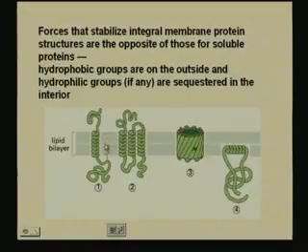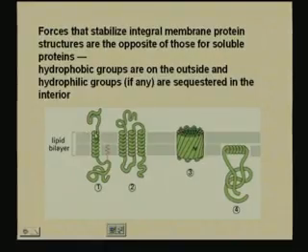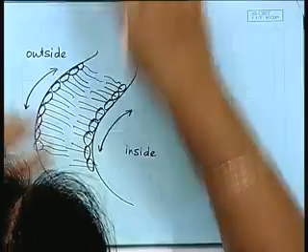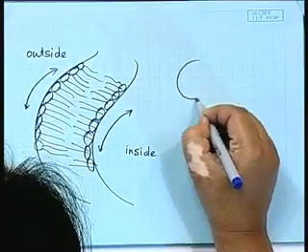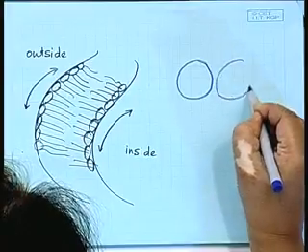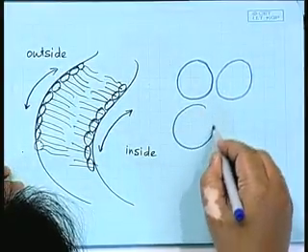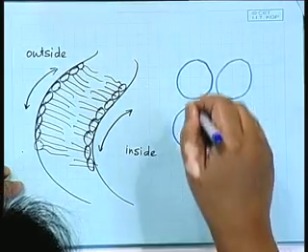You remember when we studied the forces that stabilize these membrane proteins, we studied that these proteins have surface hydrophobic residues. Within the helices, suppose we had a bundle of helices, like I mentioned in the earlier classes. You recognize now, when we are looking from the top down to the membrane, these are the helices.